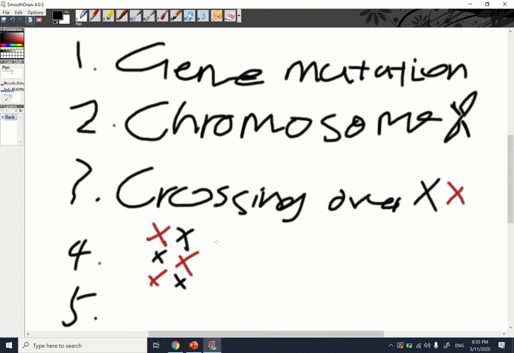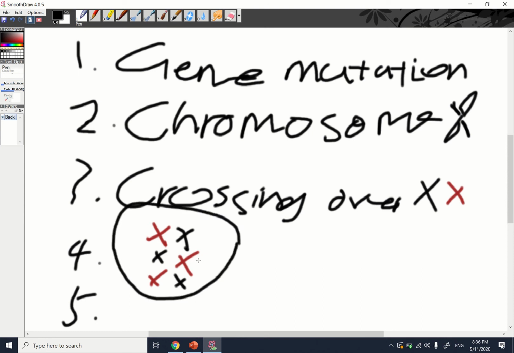But in another instance, it could be totally opposite, or you could have all black on the right side. And that, of course, will create gametes containing different genetic information. So that's also how you get genetic variation through meiosis.